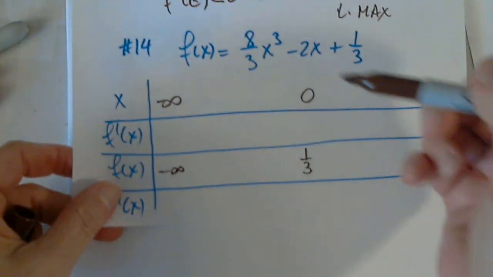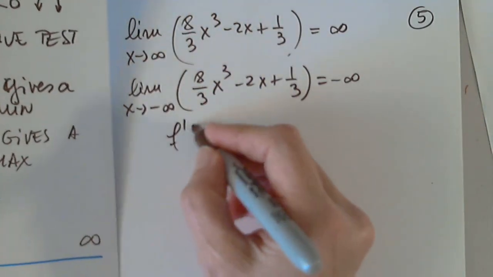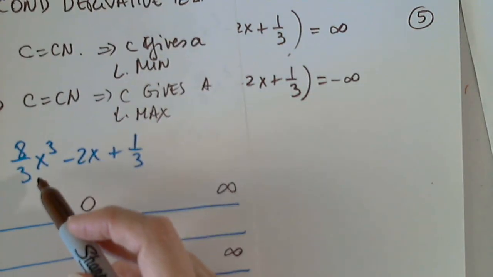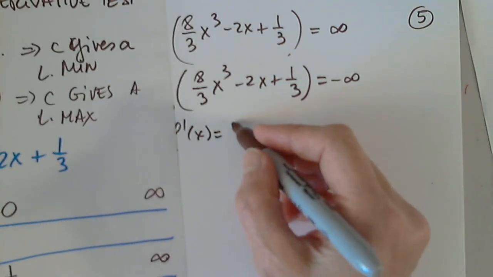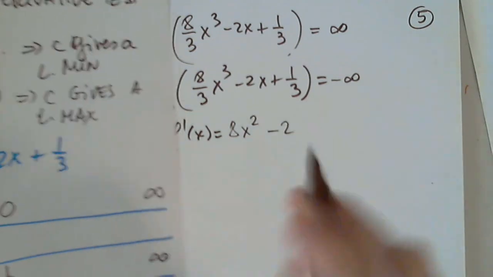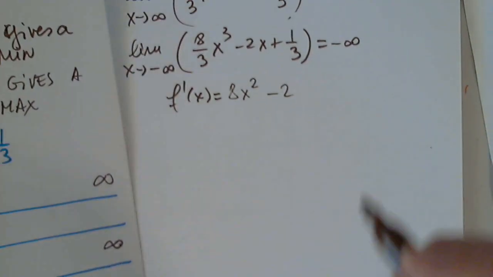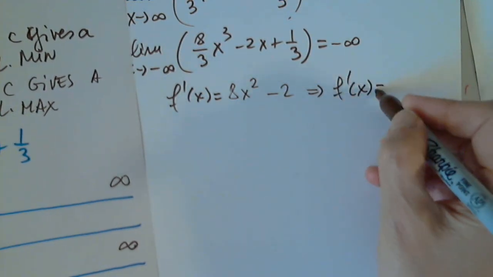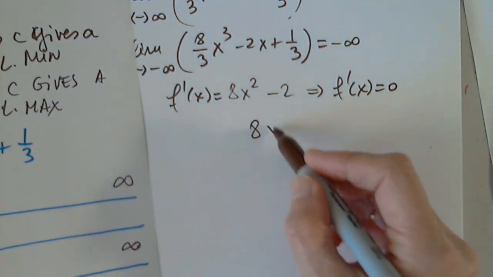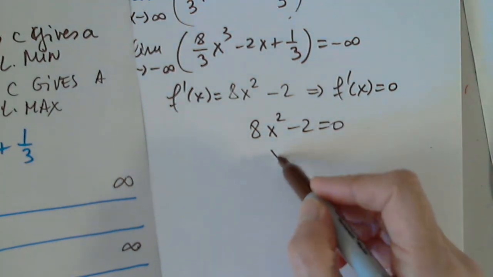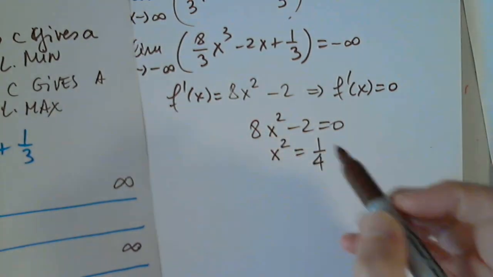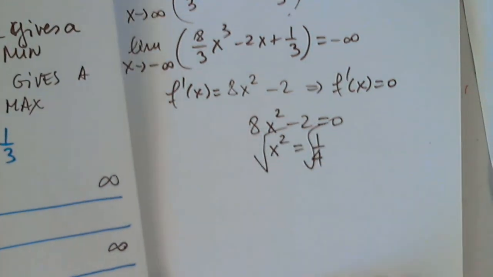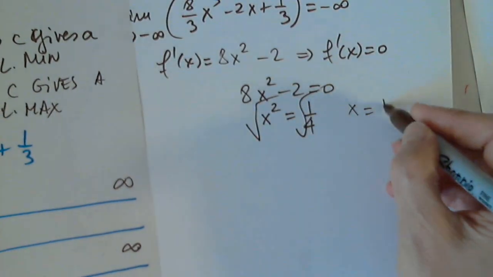And now I will find the first derivative and then the second derivative. So the first one is bring down 3. So this is 8x squared minus 2. I will set it equal to 0. F prime of x equals 0. And I get that 8x squared minus 2 is 0, or x squared equals 1/4. And I'm hoping you remember this. Plus or minus 1/2.